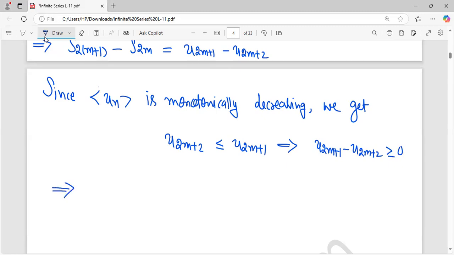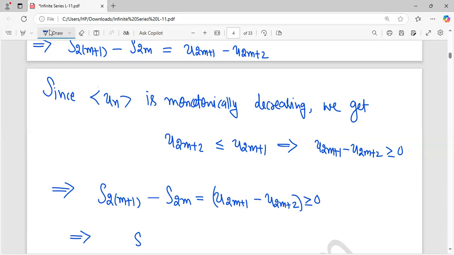So this implies S_2m+1 minus S_2m is equal to u_2m+1 minus u_2m+2. That is all, we have this one.